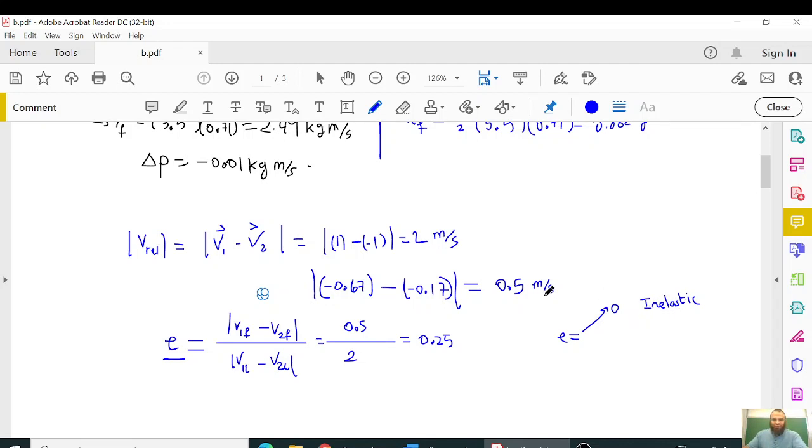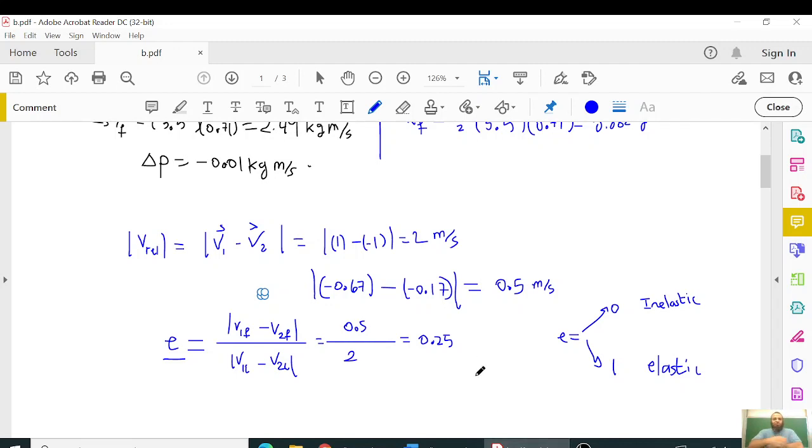So the relative velocity after will be 0 divided by the relative velocity before, whatever it is. 0 divided by anything will give me 0. If it's 100% elastic, then you get 1. And it could be anything in between also. So it's a number between 0 and 1, this coefficient of restitution.